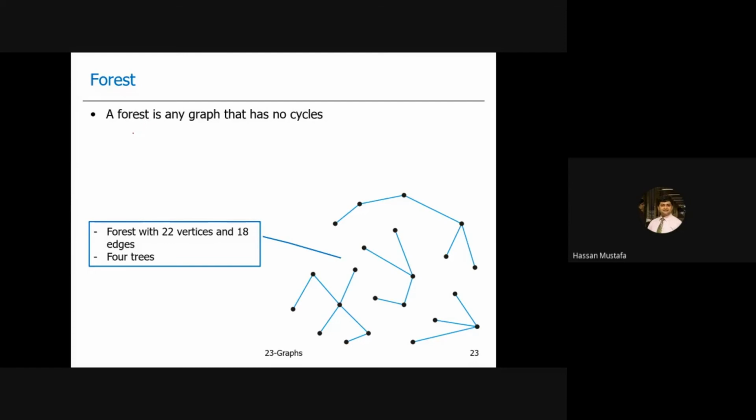So when we have a forest, the consequence is that the number of edges should be less than v minus 1. That's what I said, that if I have less than v minus 1 edges, then definitely there is disconnectedness in the graph. When we have disconnectedness in the graph, then we have multiple trees in the graph. And the number of trees is v minus e.